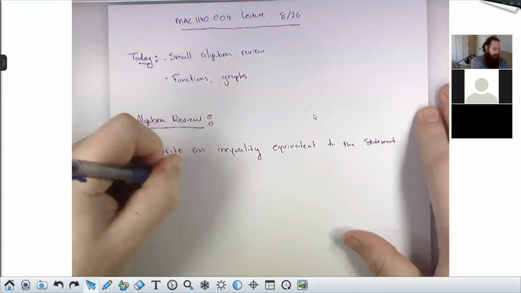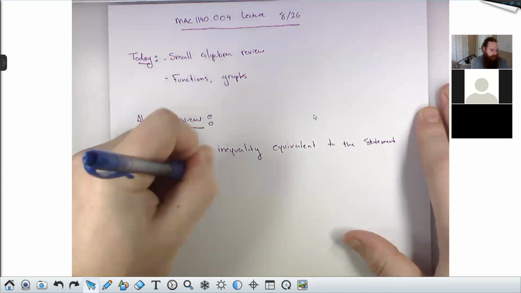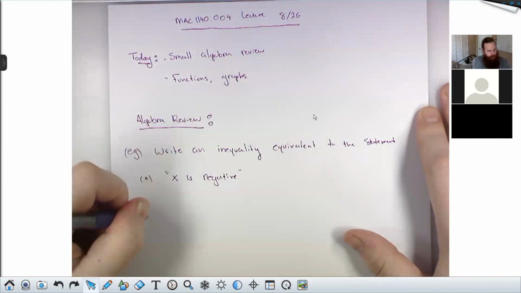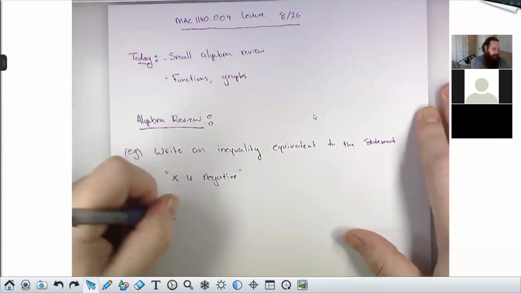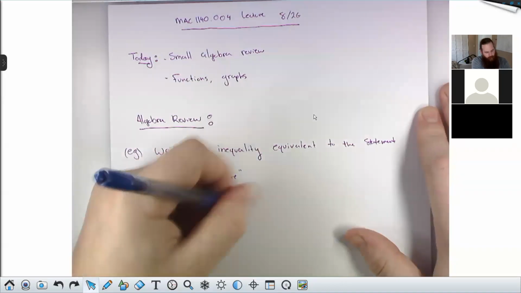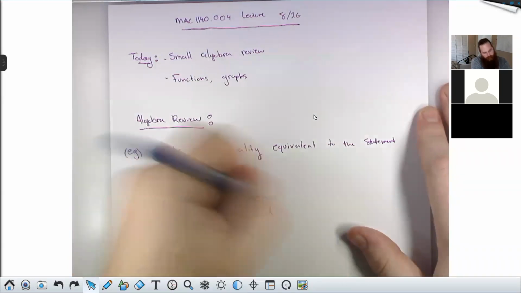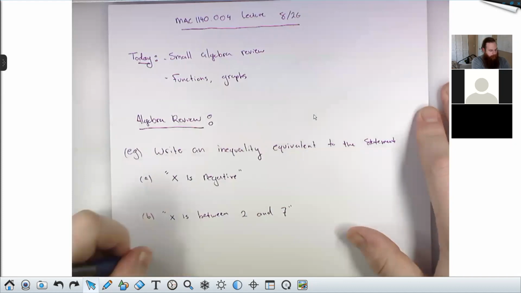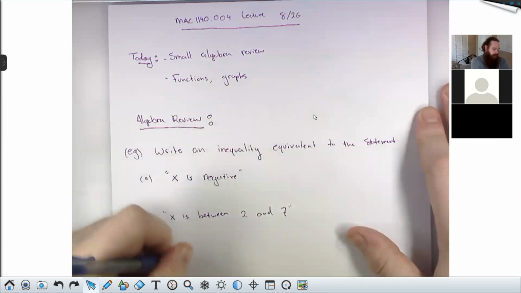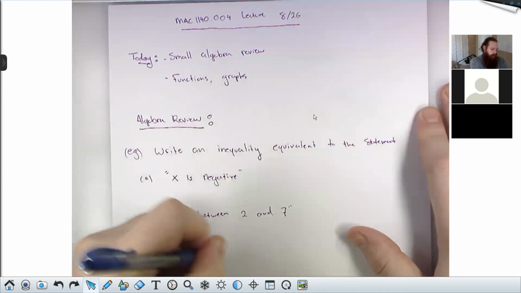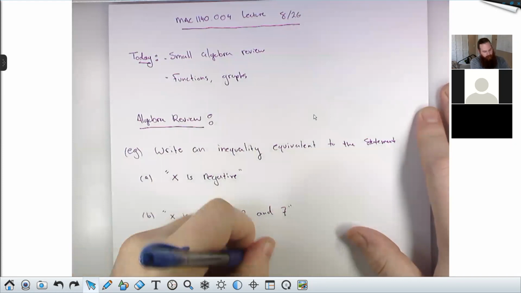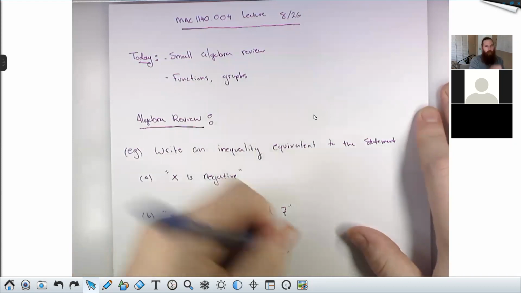X is negative. And maybe X is between 2 and 7. And maybe X is no larger than 5. Let's take a look at each of these.